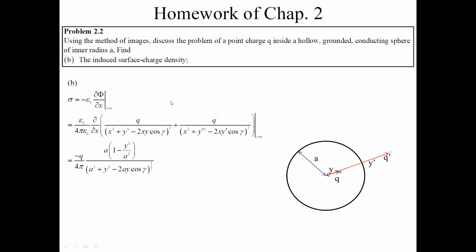Then for problem B, we want to calculate the induced surface charge density. So as we did in problem 2.1, we just use this formula to calculate the derivative of the potential and get the final result. Okay.